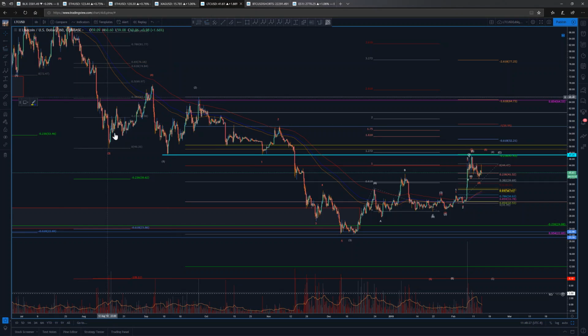And this also looks very three-wave. So there's an argument to be made that the ABC is in. This was our 1 down, a correction for the 2. And then we finish this third wave, which gives us our proposed bottom.